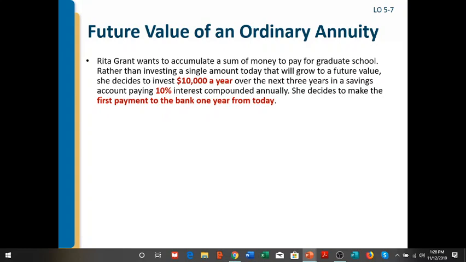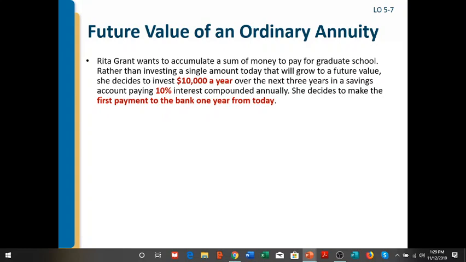Now, again, just as with single amounts, you can figure out the future value. You can also figure out the present value. So here we're looking at the future value of an ordinary annuity.